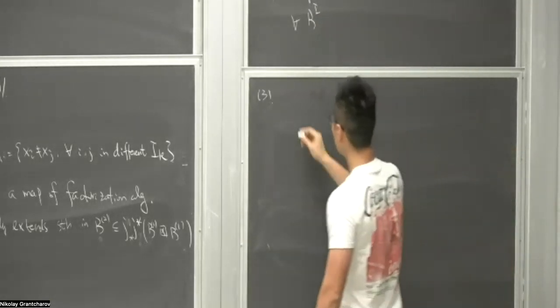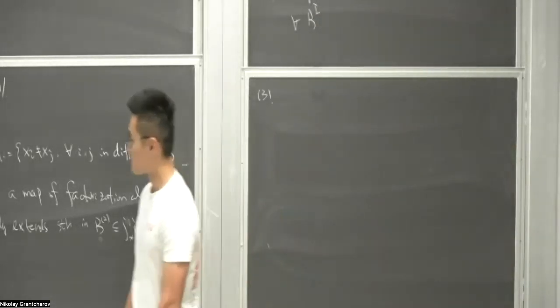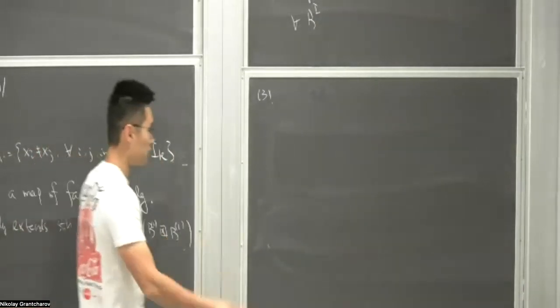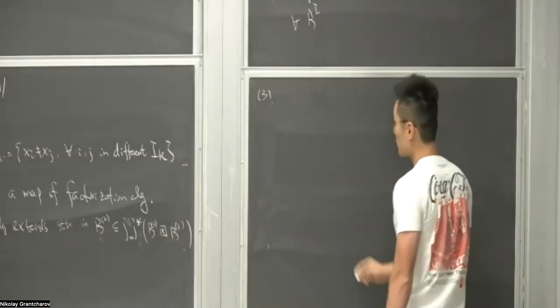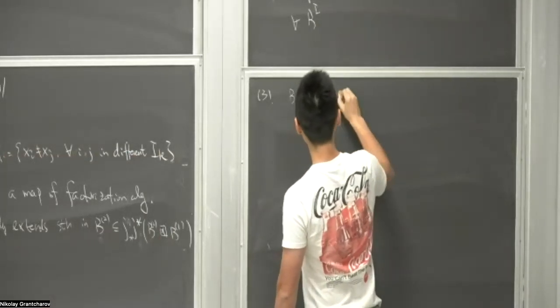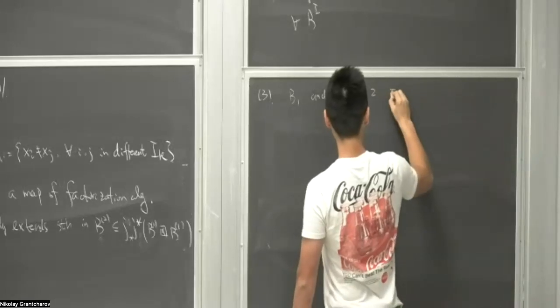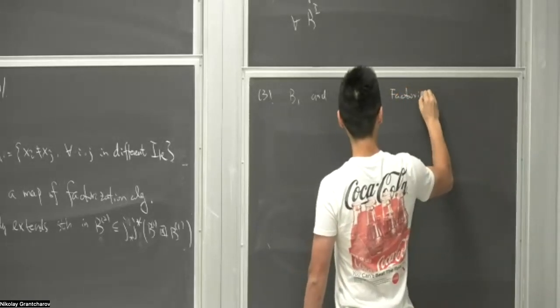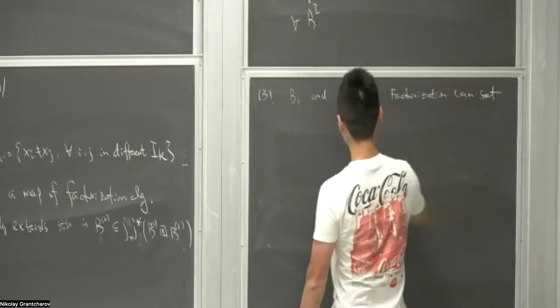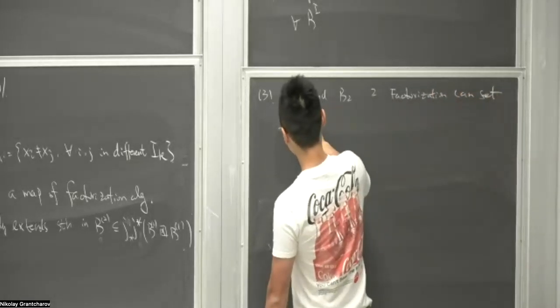Okay, so this category of factorization algebras is monoidal. There's an obvious notion of tensor product, D1 tensor D2, of algebras. And the tensor product is the obvious thing.